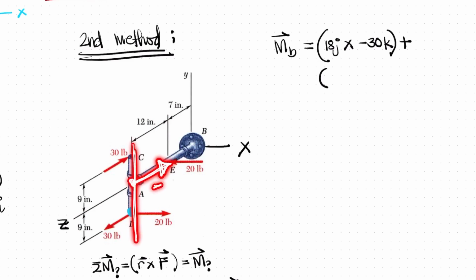So negative 12 along z-axis, times the force of 20 pounds. The 20 pounds is along the x-axis, directed this way, so negative 20 along x. This is i.